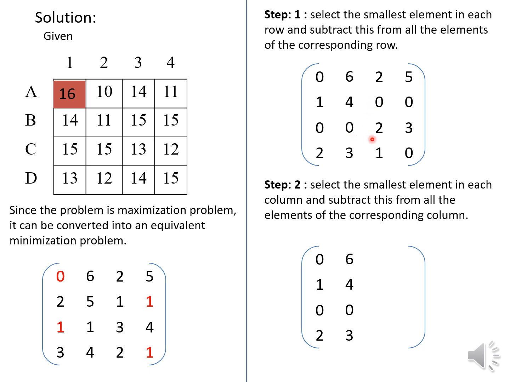In the third column as well as the fourth column, the least element is 0, so we can rewrite those columns as it is. Next, what we have to do? We have to check that each and every row and each and every column has at least one 0. If so, we start to do the assignment. Yes, here it is.